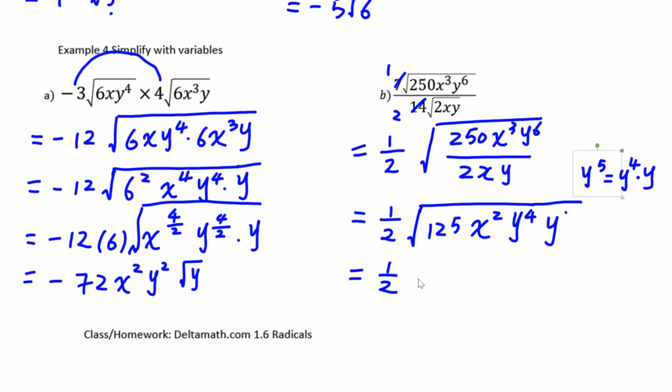And 125, we have 25 times 5. So this one we could write as 5 squared times 5. Then all the perfect squares we could take out from this square root. So 5 squared square root is 5. And x squared square root is x. Y to exponent 4 square root is y squared. Then square root 5y. That is done. Thanks for watching.